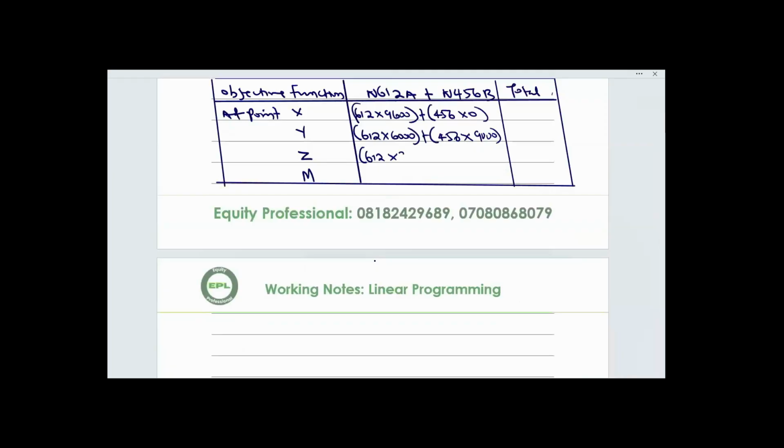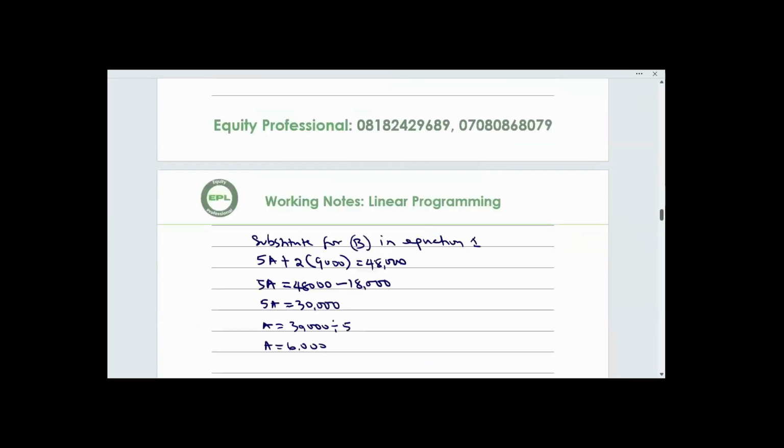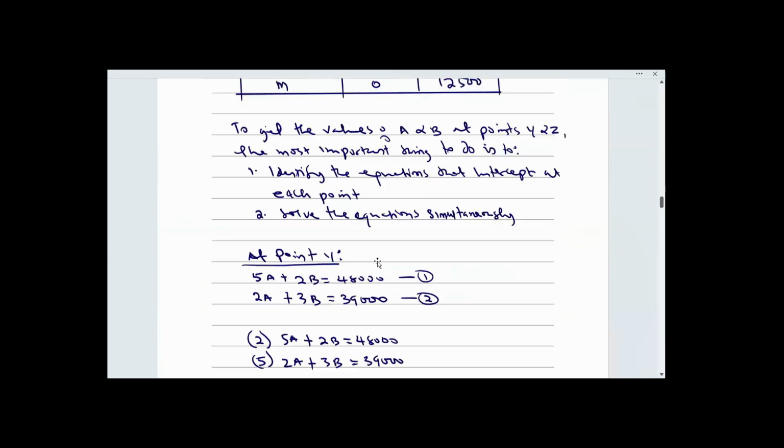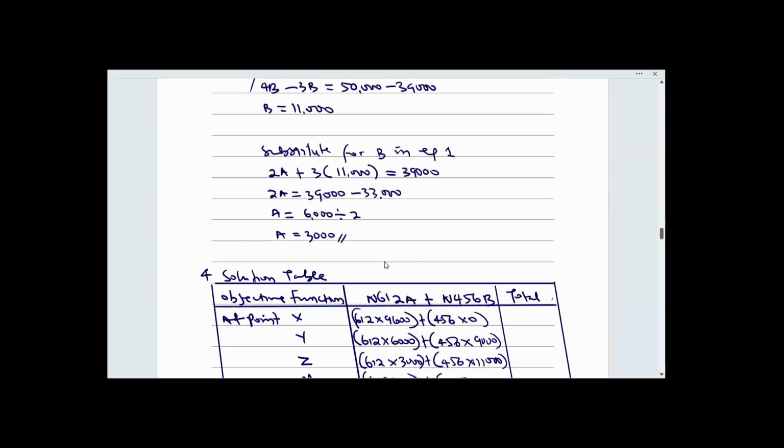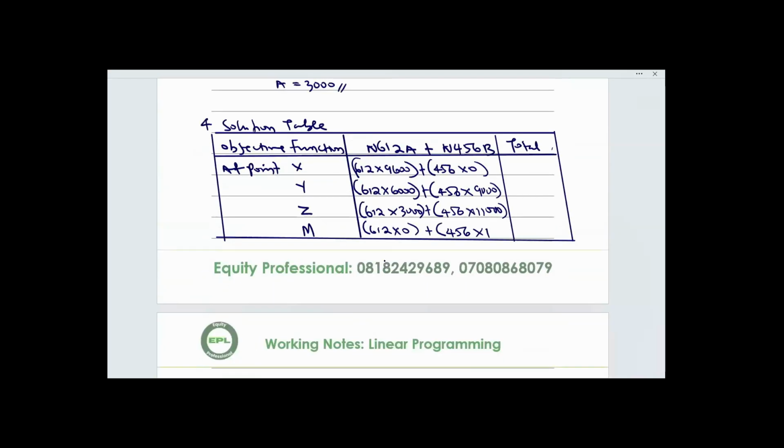Here is 612 multiplied by 3,000 plus 456 multiplied by 11,000. The last one, 612 multiplied by 0 plus 456 multiplied by 12,500. So give me the total contribution, please, for each one.